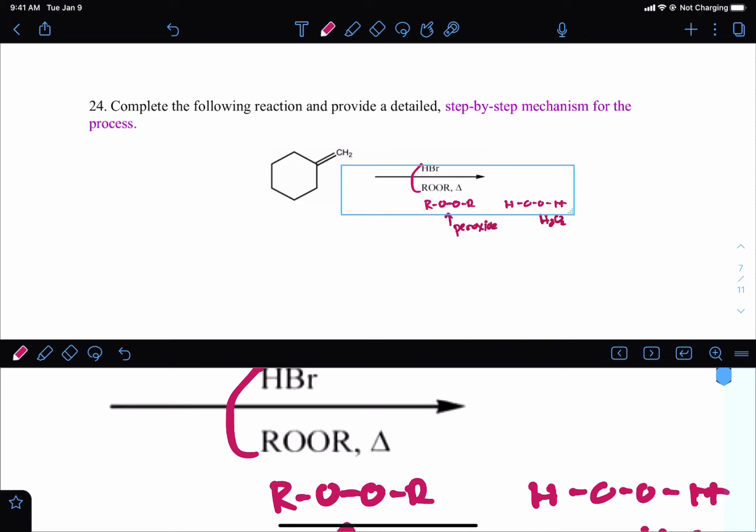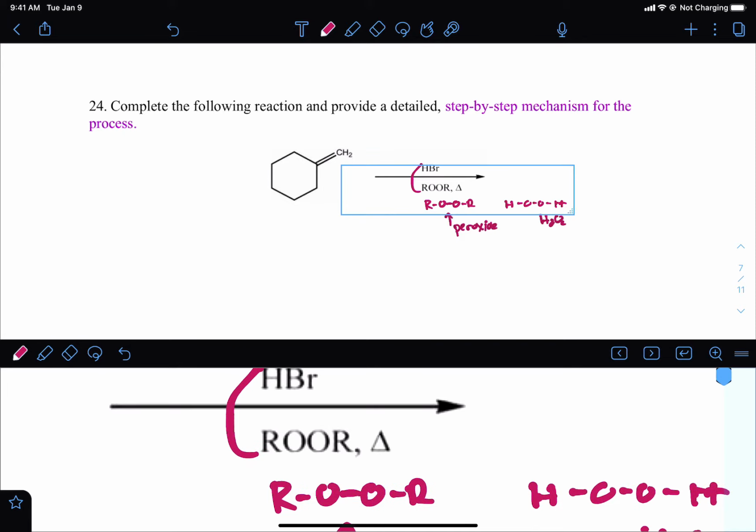So for our third step, we're going to take our alkene, and the bromine radical is going to react with the alkene.